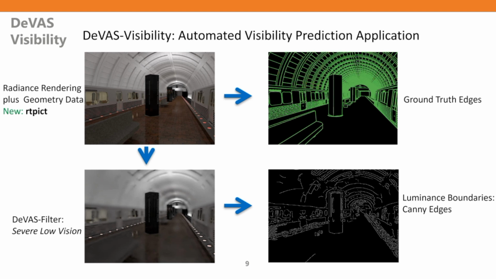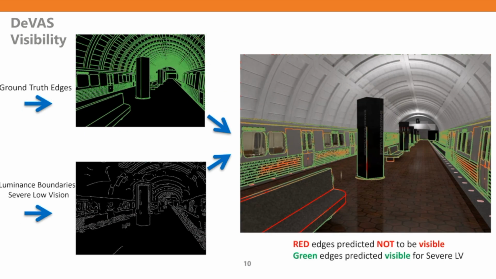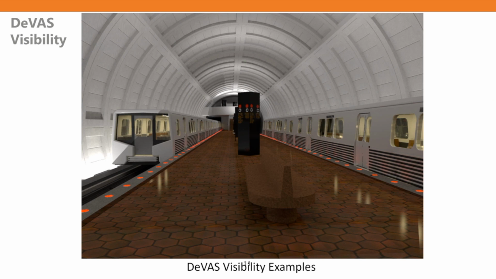In this case, I've just labeled it severe low vision. From that blurred image, we then look for the luminance steps within it and find these luminance patterns, right? And I think the next might be obvious. We take the ground truth and compare them to where there is no luminance pattern and predict that to be not visible. So in the image, red lines, not visible, green lines, visible, no ambiguity.